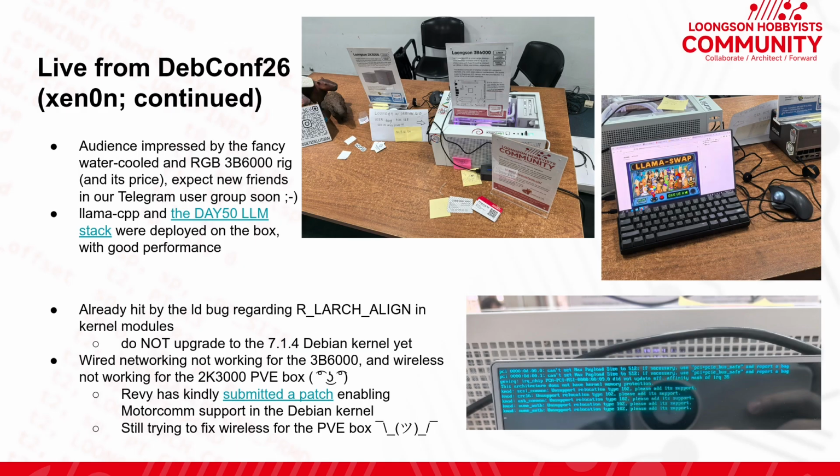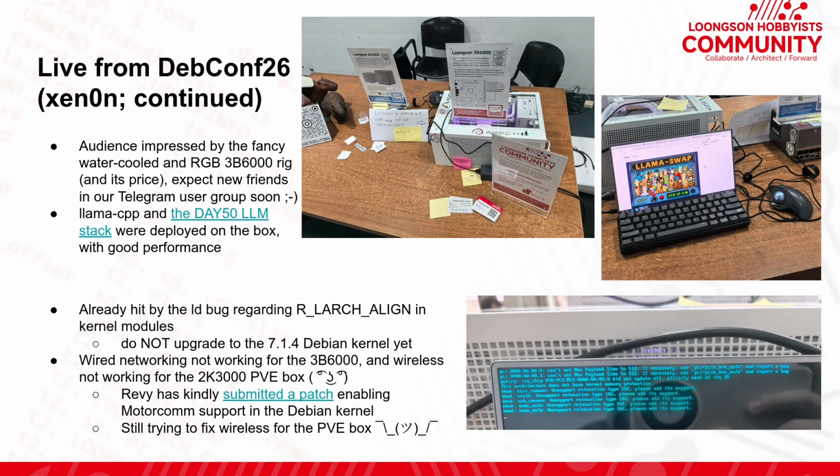Okay, so here's the image of the two boxes I've brought here. One is the 3B6000 rig, the highest spec version of the 3B6000 with 16 cores and 32 threads, 32 gigabytes of RAM and a discrete AMD GPU.